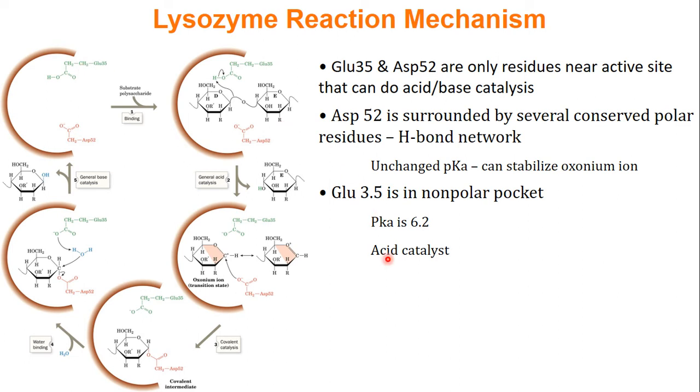Therefore, the pKa of glutamic acid skyrockets. It goes to a pKa that is similar to histidine. Therefore, in the pocket, it is going to be protonated. This is going to be our acid. This is going to be donating that hydrogen. All right, with our two amino acid players now introduced, let's look at this catalysis.